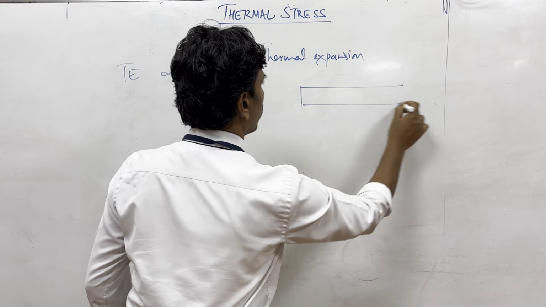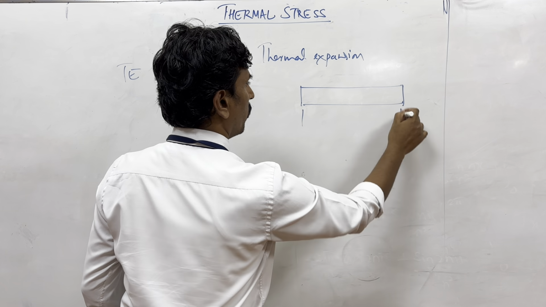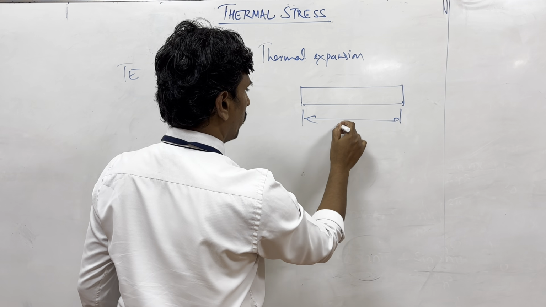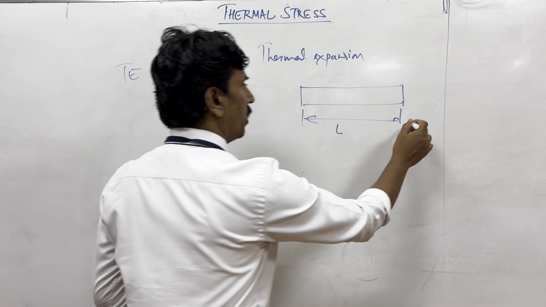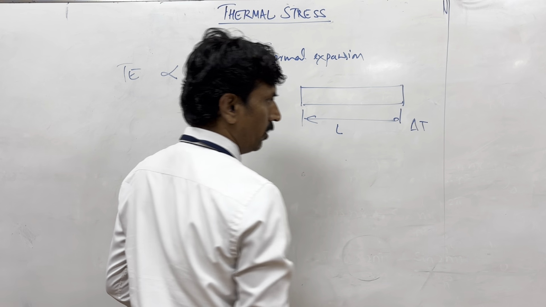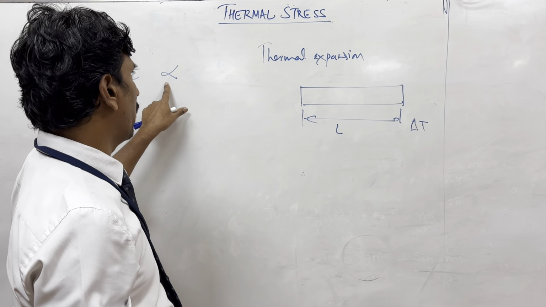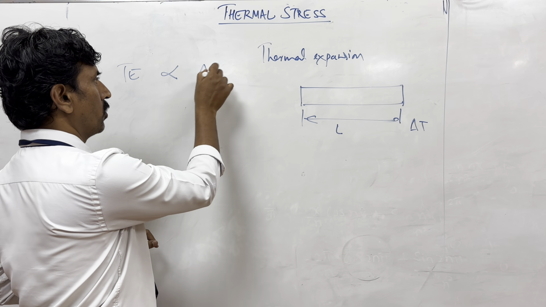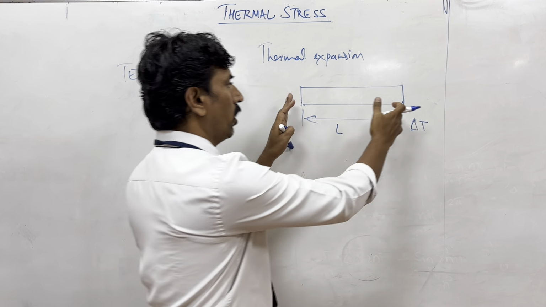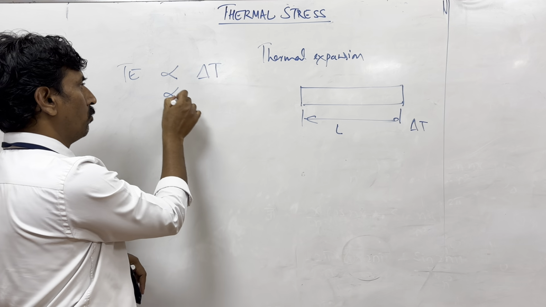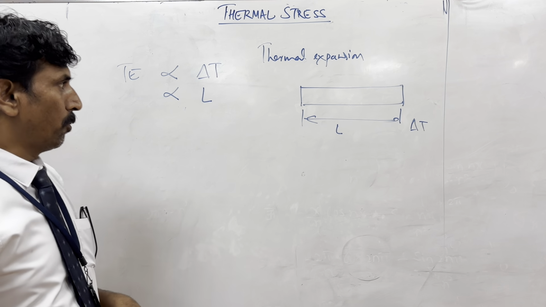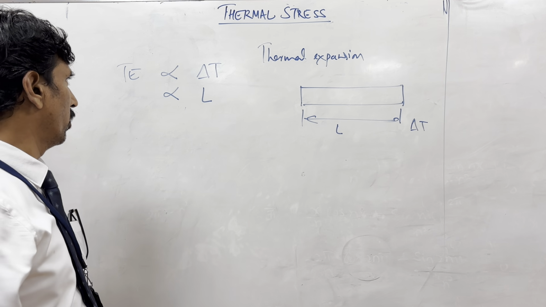Suppose if it is a body here, and if you try to increase its temperature by delta T, then it will expand. So definitely you can see that it is proportional to increase in temperature. And also if you got longer length, it will expand more. So it is also proportional to the original length.